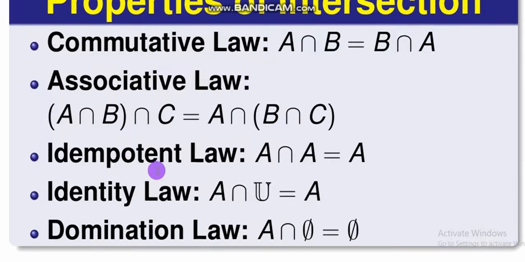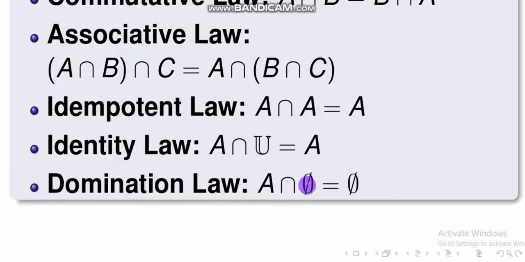Okay, then idempotent law, A intersection A is the same thing as A, right? And then identity law, A intersection universal set is equal to A. You are trying to get the elements that are common to A and the universal set, but all the elements of A are in the universal set, so your intersection will just be A. Okay, then the domination law, if I have A intersection the empty set, remember there is no element in the empty set.